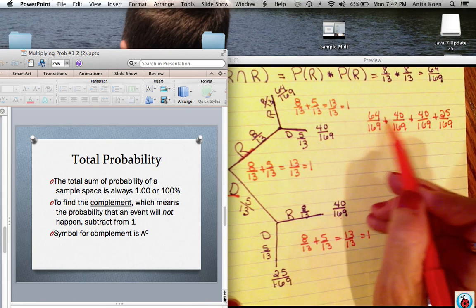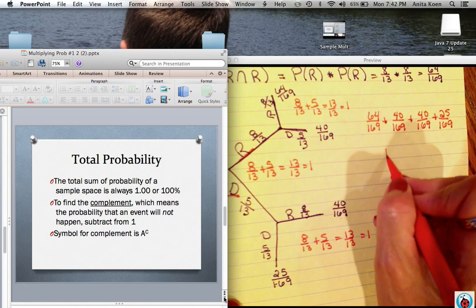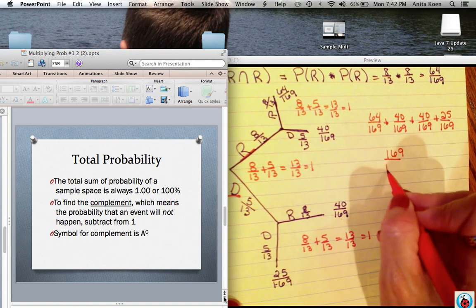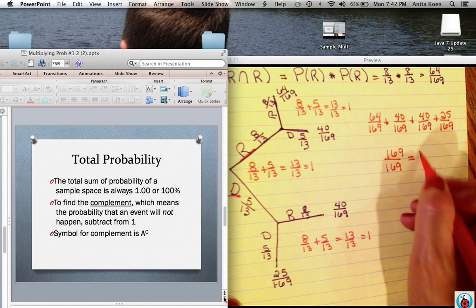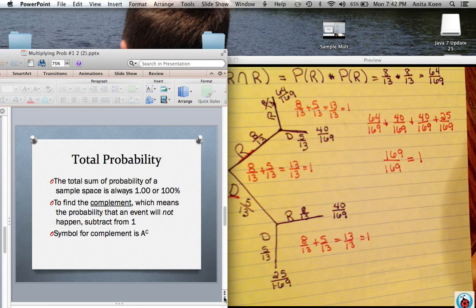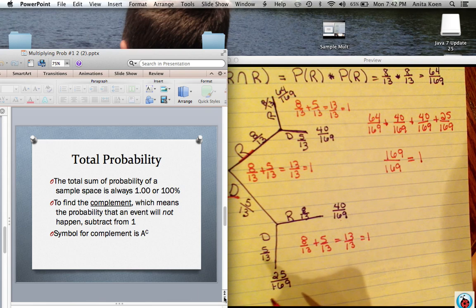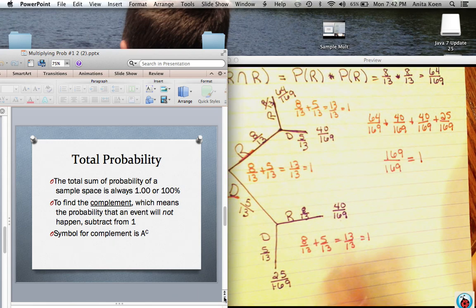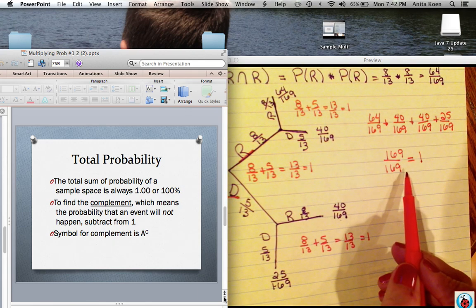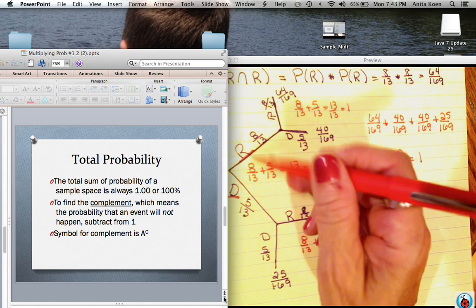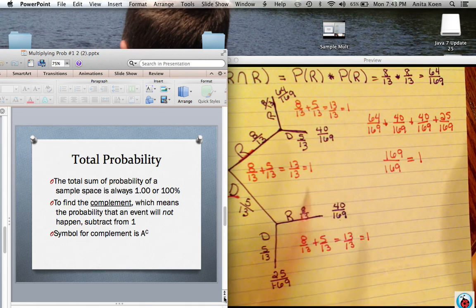And when we add these together, we get 169 over 169, which is 1. So the total of the sum of the probabilities of the entire sample space is always going to be 1. If you're looking at the simple events, those probabilities will always add to be 1 as well.